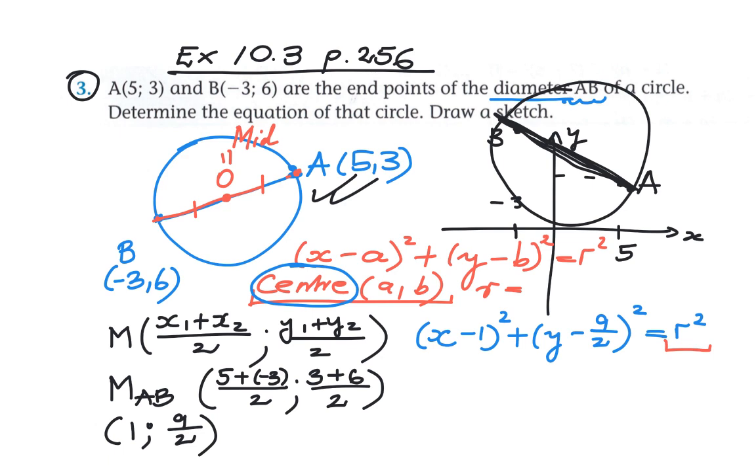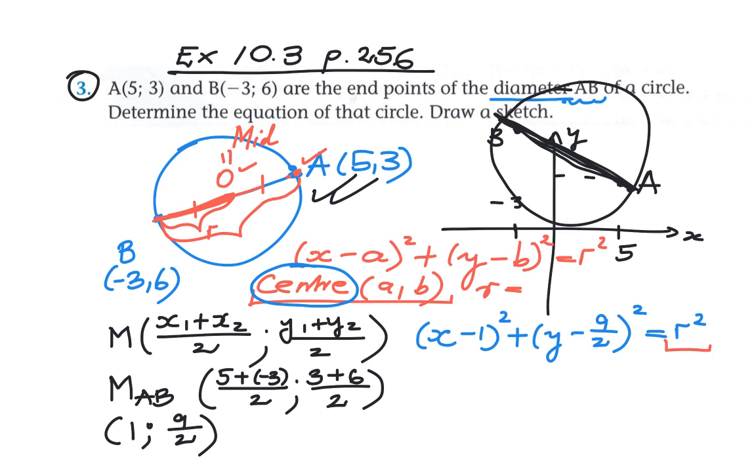How to find r? Well, r as the radius will be nothing else but a distance formula between either point A and the midpoint, or point B and the midpoint. Or you find the whole distance between the 2 points, A and B, and divide by 2.